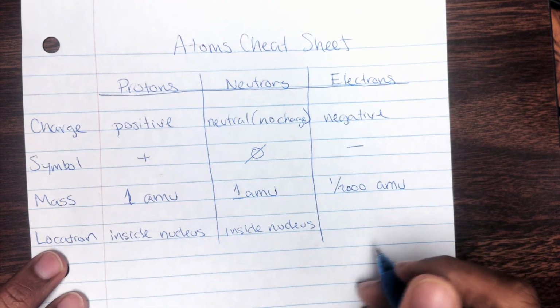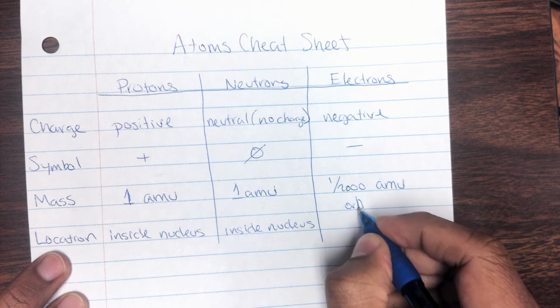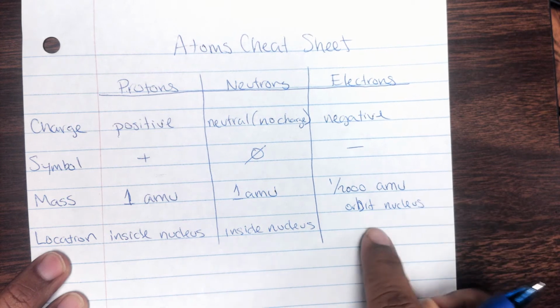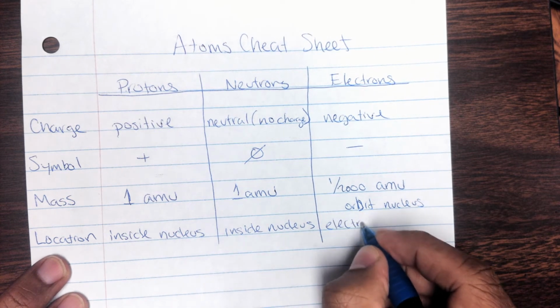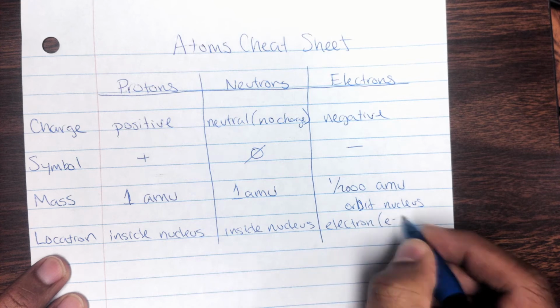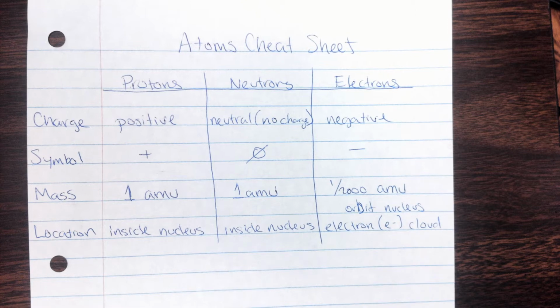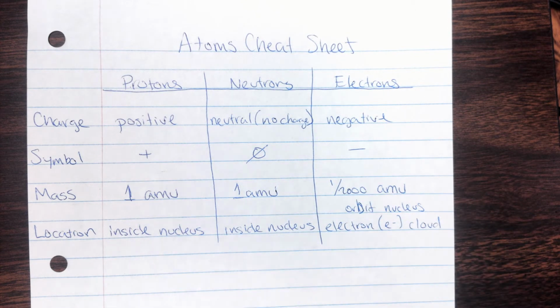You might want to say that they orbit the nucleus, and they're located in what's called the electron, or E minus cloud. That's the area where they're all swirling around all over the place, and they're going so fast that it looks fuzzy like a cloud. All right.